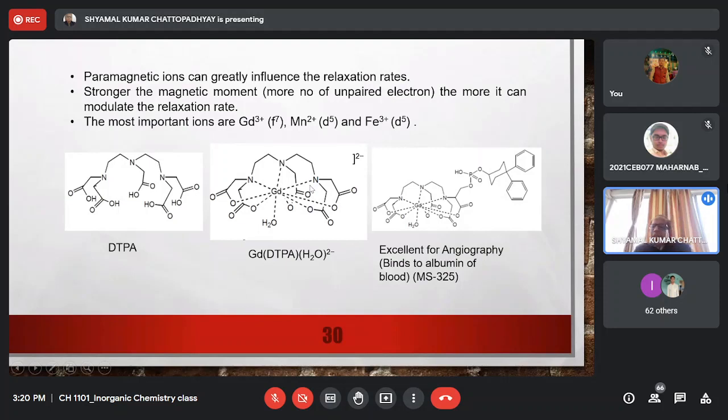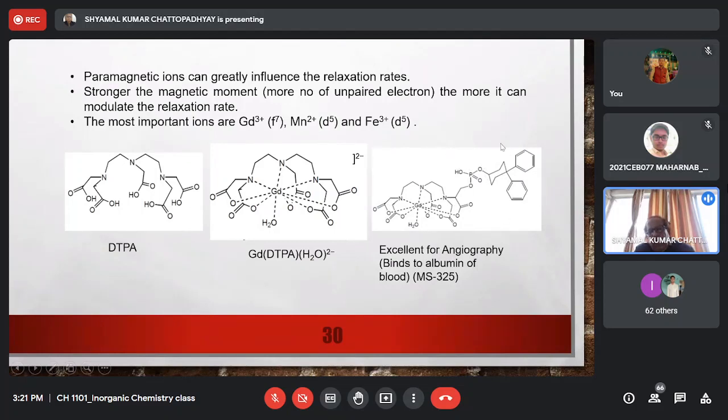Now again, you can tune your contrast agent. As an example, this is a contrast agent whose commercial name is MS325. Here you can see that it is slightly modified. This ligand is coupled through a phosphate bridge to an organic compound.